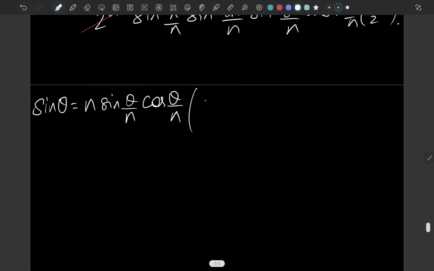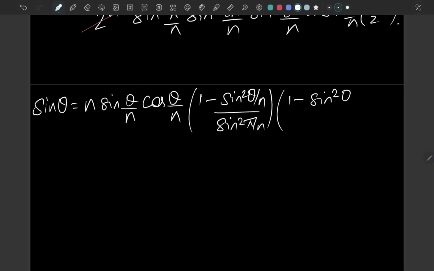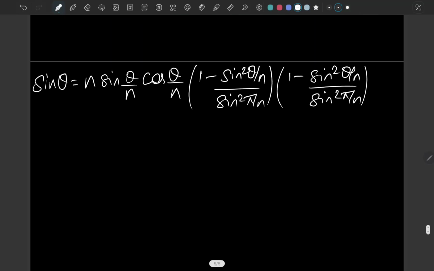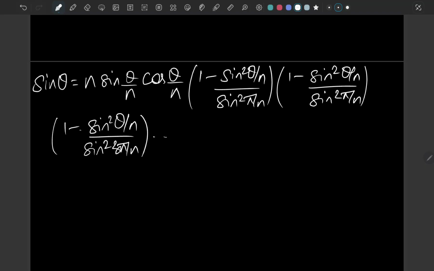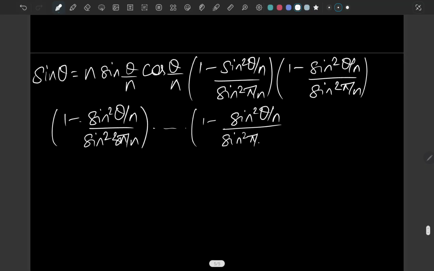So we can just write the first parenthesis as 1 minus sine squared theta over n over sine squared pi over n, then 1 minus sine squared theta over n over sine squared 2 pi over n, and again 1 minus sine squared theta over n over sine squared 3 pi over n, and these just go up to 1 minus sine squared theta over n over sine squared pi over n times n over 2 minus 1.